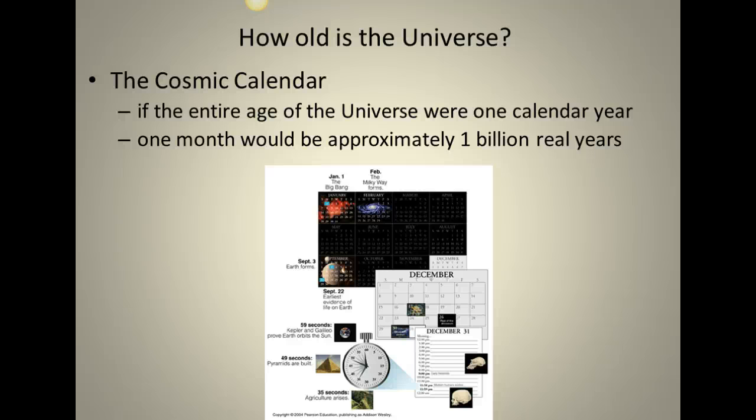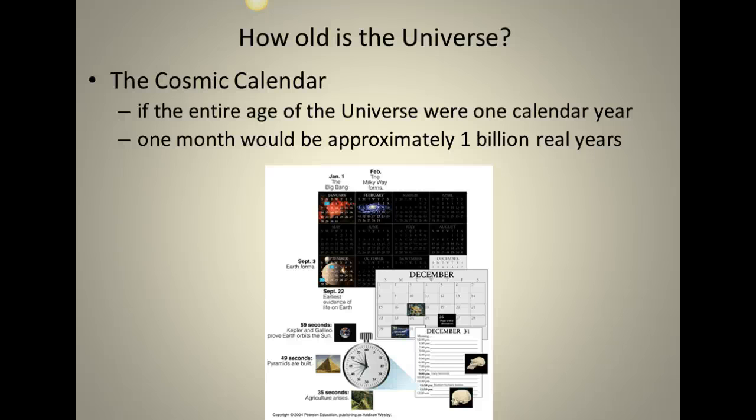Based on the fact that our galaxy was formed in February, estimate how long it took for our galaxy to form. So think about that, and then we'll talk about it. If you estimated it took about 1 billion years for our galaxy to form, you're correct. It took 1 month. 1 month in our calendar is equal to about 1 billion years.